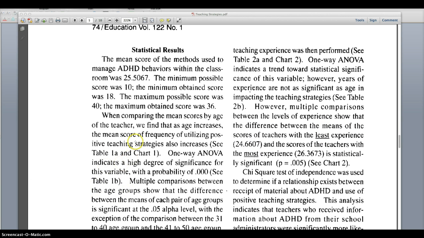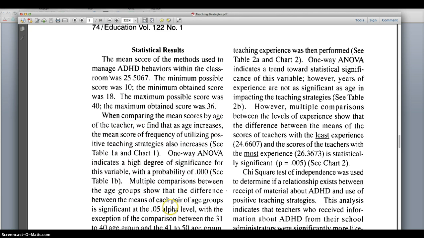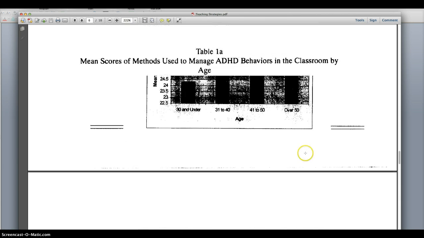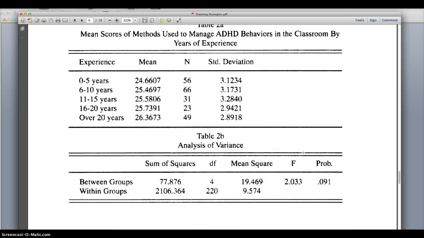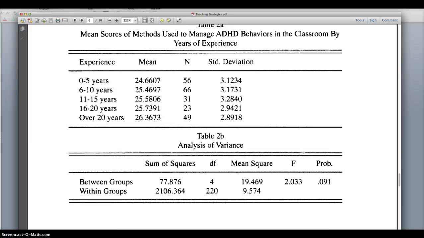Here's a written description of where they were talking about the same thing, the significance level that they determined. So if we scroll on down, now we want to know if there's a difference in terms of years of experience and the methods used to manage ADHD behaviors.